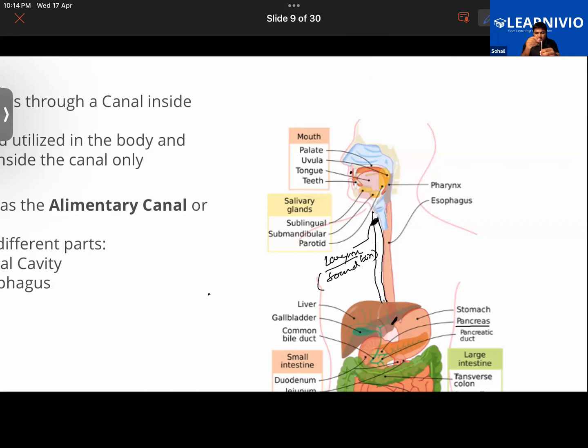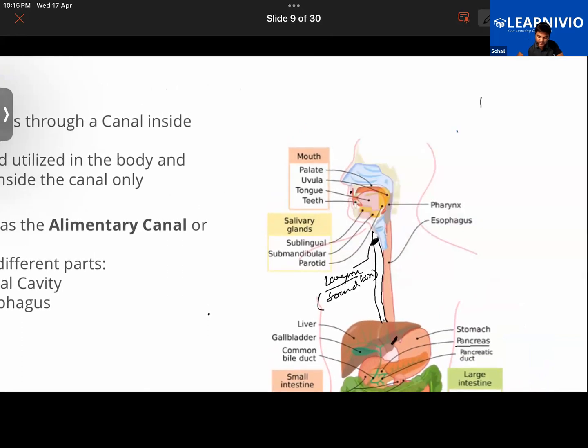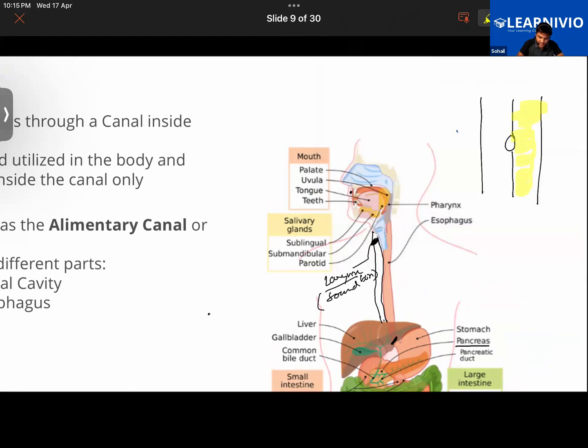Now, there's an opening in the wind pipe, and that opening is covered by a cap-like structure called the epiglottis. Pay attention to what I'm drawing. This is your windpipe, and in this you have a cap-like structure.